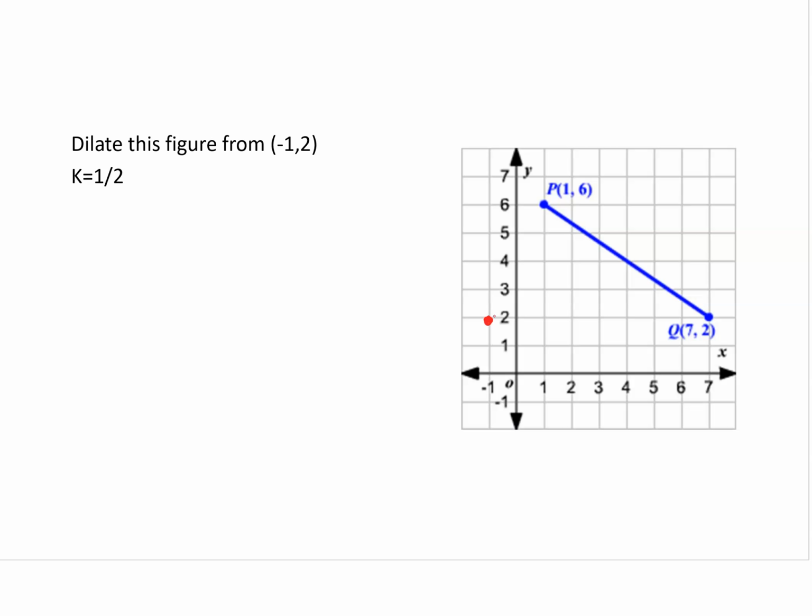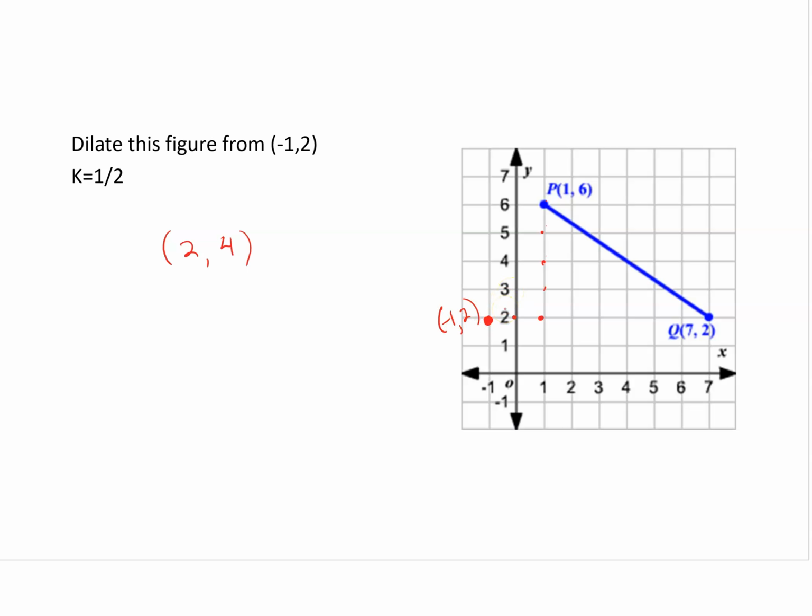So what I'm going to look at is how far away this point, point P, is from the dilation point. I've got a grid, so I'm just going to count. The x value is 2, and the y value is 1, 2, 3, 4. That's how far away it is from this dilation point, -1, 2.